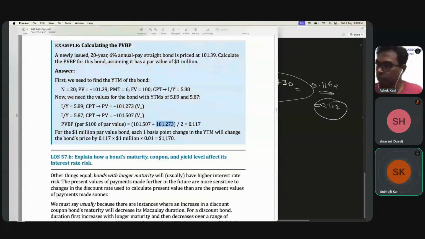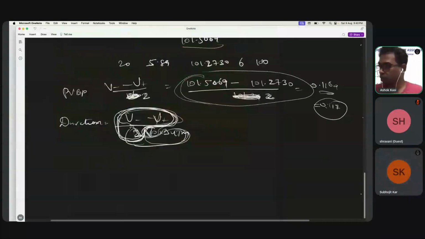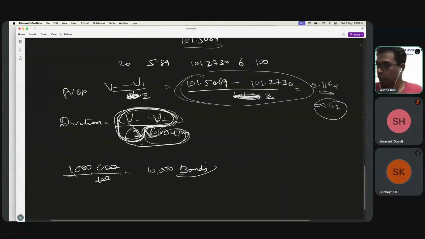In this case they said 1 million, and I always prefer converting it into the number of bonds. One million, with the price of one bond at 100, means I have 10,000 bonds.